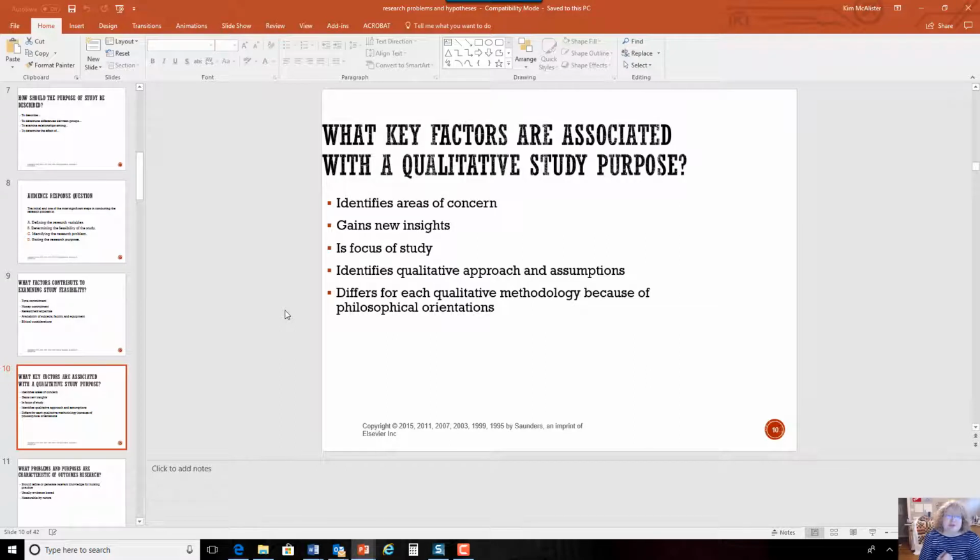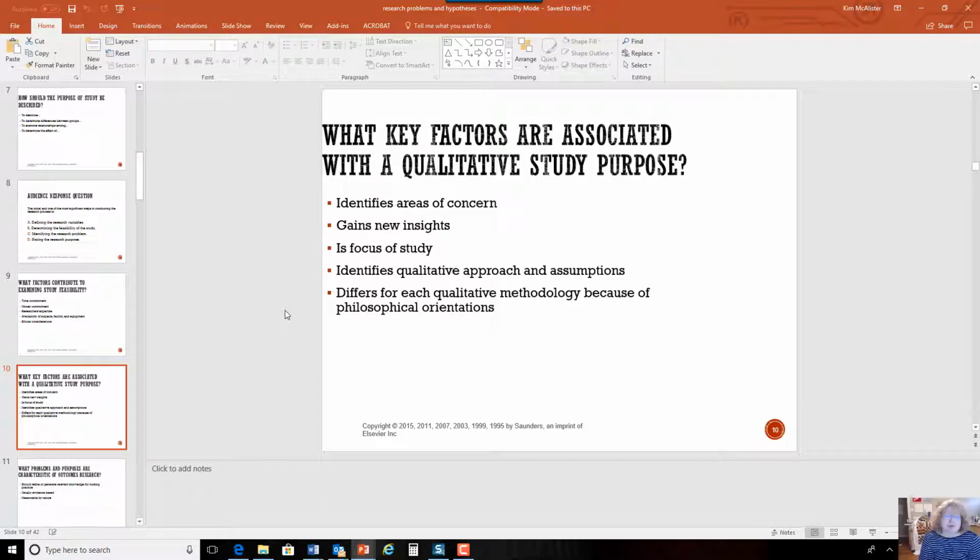You have to really know what the focus of the study is, because it's very easy to start chasing rabbits and splitting hairs in qualitative, because you are talking to people about experiences and it's more of a dialogue. And so you have to really know what your focus is and keep your eye on that.